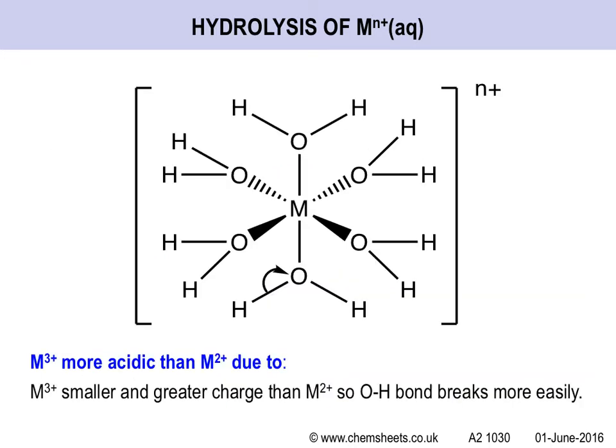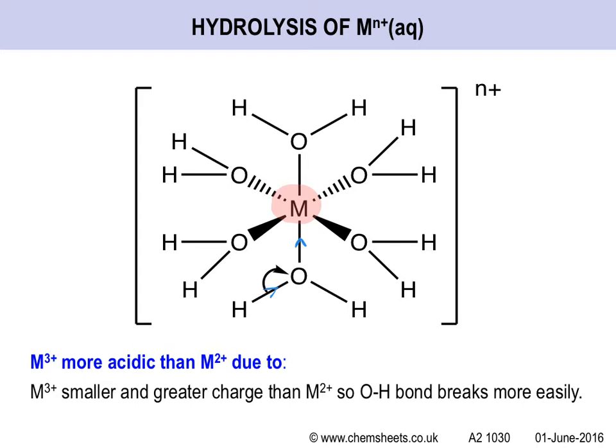So we have a very positively charged metal ion at the centre. What that leads to is the electron density from the lone pair being attracted more closely to that metal ion. So the lone pair on the oxygen, the one that's forming the coordinate bond, is going to draw the electron density in the OH bond even closer to the oxygen.